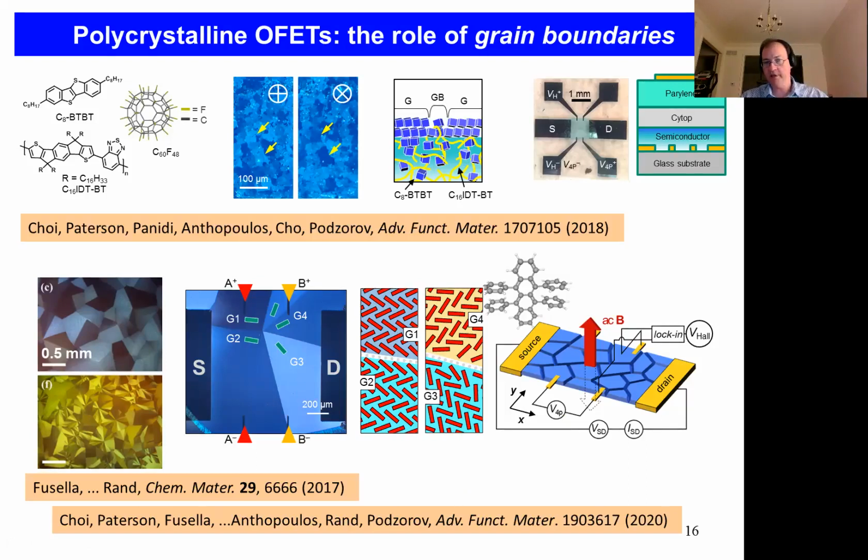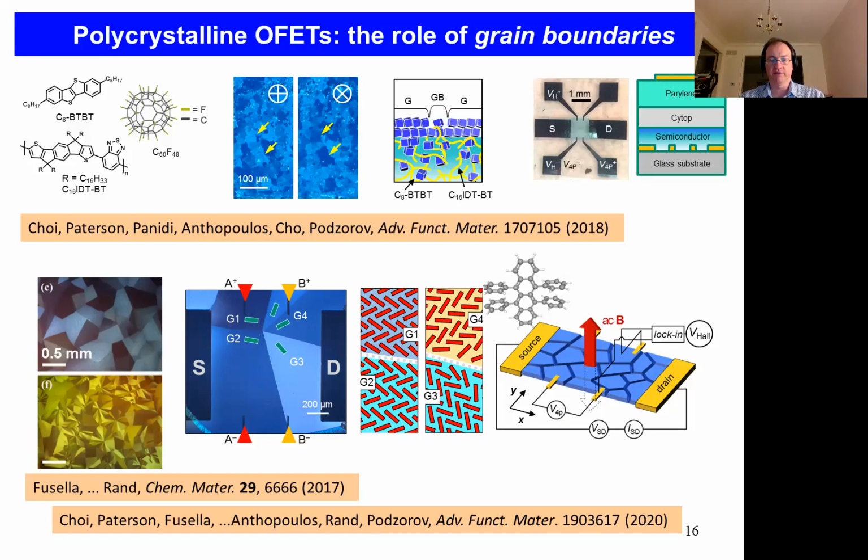What's important is that if you build FET devices on them, their performance approaches the performance of single crystalline rubrene. So they are very high quality, high performing films. From a practical perspective, they're very important because these are not solution grown.